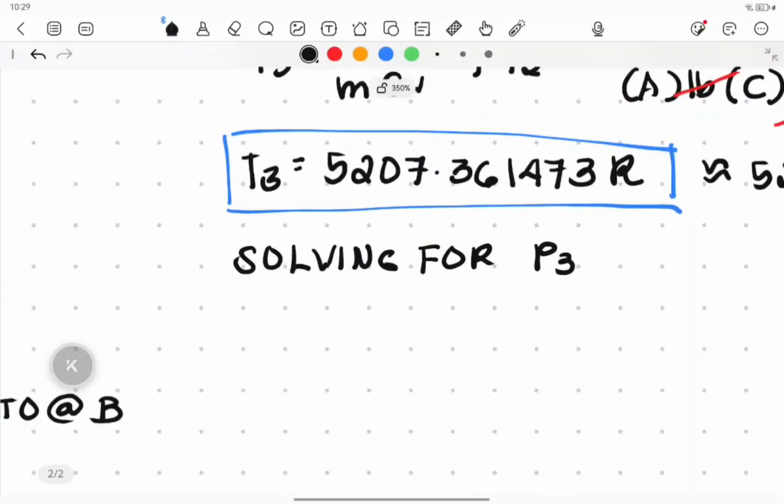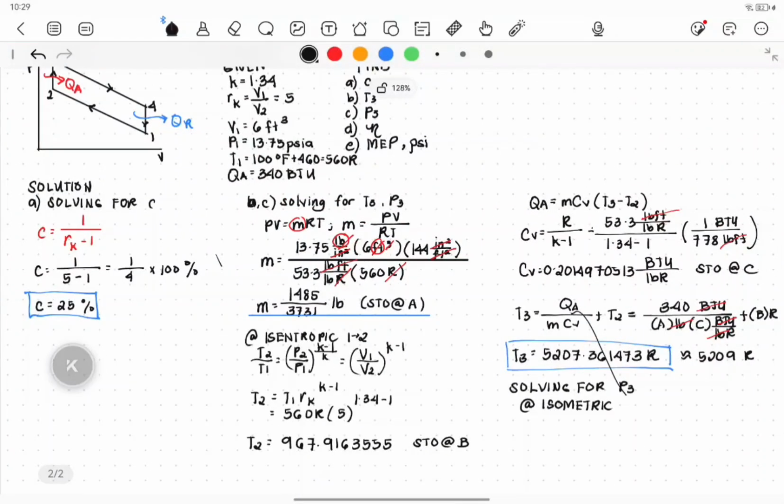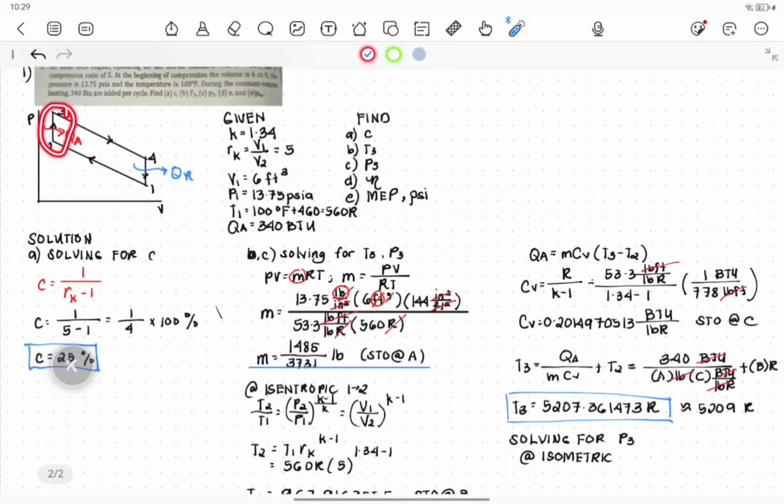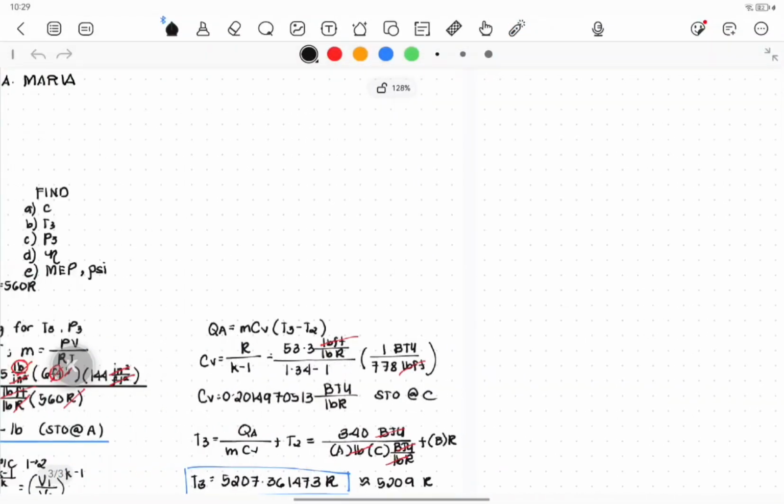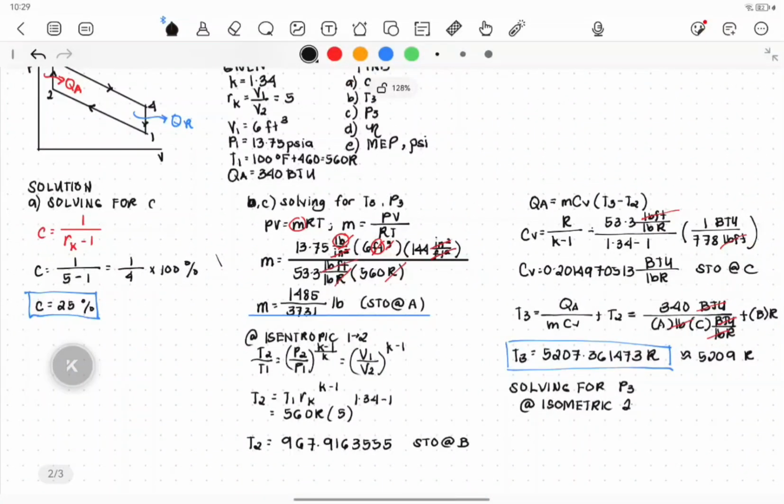At isometric points 2 to 3, here this is isometric 2 to 3, we have T3 over T2 is equal to P3 over P2.